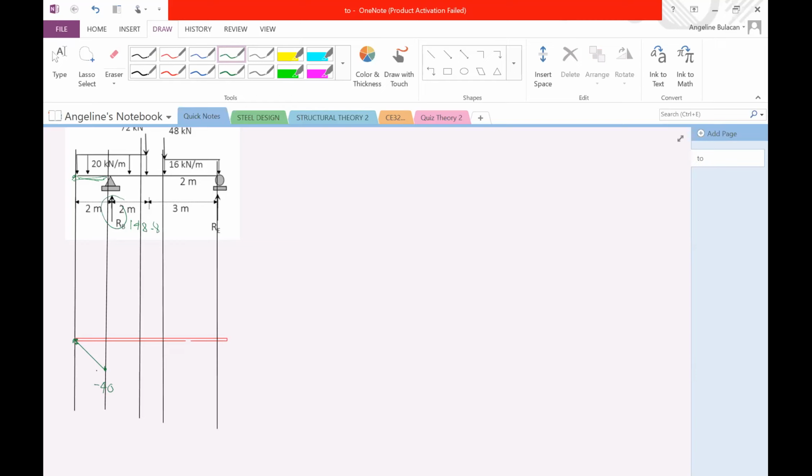Kasi, di ba, kung imagine niyo na lang, at this point, bumaba yung shear mo ng ganito, tapos biglang reaction, so aakyat ulit siya. So, negative 40, tapos aakyat siya, magkakaroon ka dito ng 108.8. Again, ito yung changes sa shear ng beam caused by the external loads. So, umakyat yung ating shear.